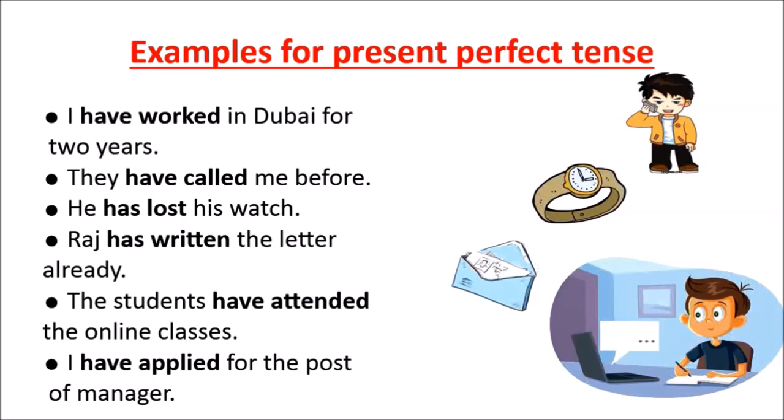I have applied for the post of manager. So for what post he has applied? Yep, I have applied for the post of manager. So it is an action that happened already in the past, but it has its effect on the person who has applied for the post of manager, because if he got selected, he will be going for the job, or if he is not selected, he will not get the job.